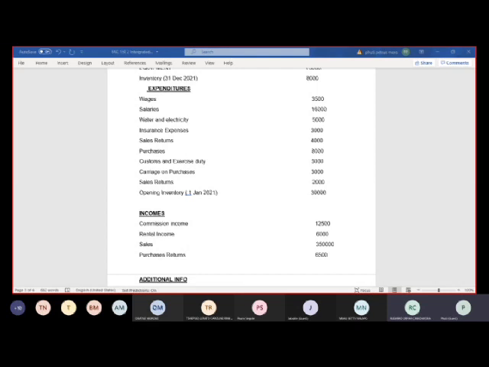It's all under expenditure. I think we are done, because the customs and excise duties we remove when calculating the net sales and the gross profit.